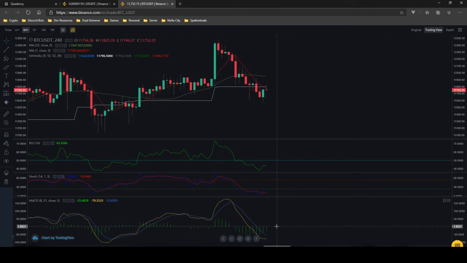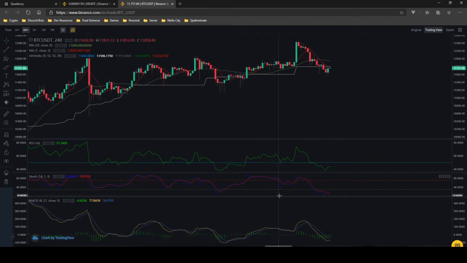So I still really wouldn't buy. I've got three indicators here saying it's turned into a downtrend. The RSI is below 50, so it's in a downtrend, but the stochastic is oversold, so that looks like it will go up, and the histogram started coming back up, but it's still in a downtrend. Why would you buy?